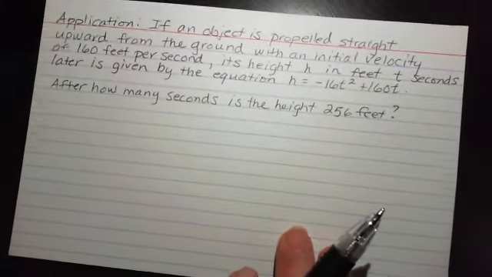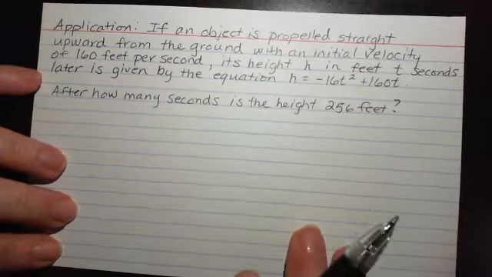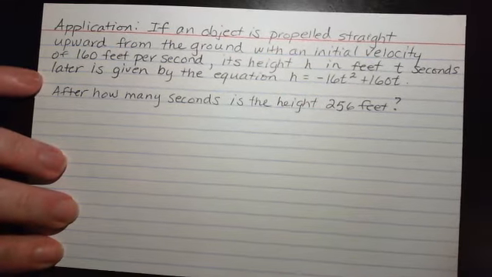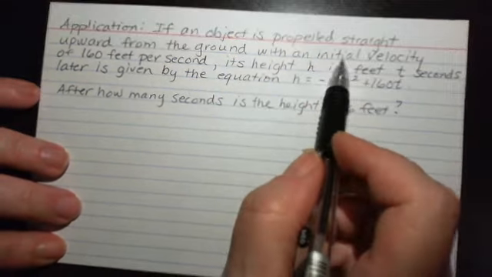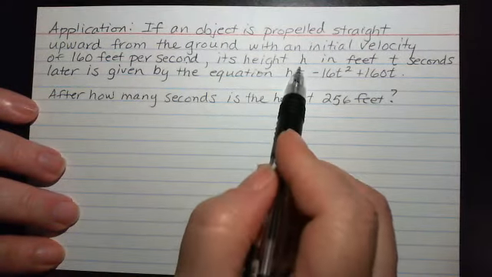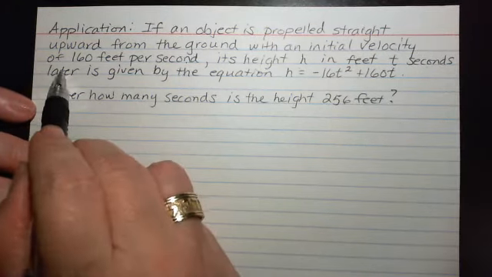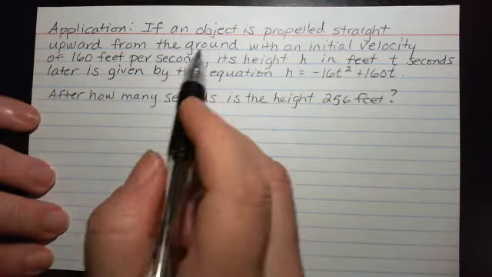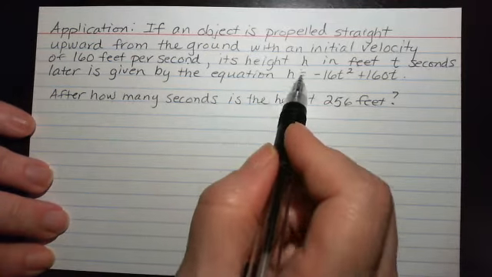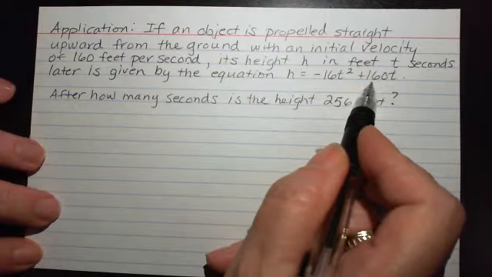Let's read through this one together. If an object is propelled straight upward from the ground with an initial velocity of 160 feet per second, its height h in feet t seconds later is given by the equation h is equal to negative 16t squared plus 160t.